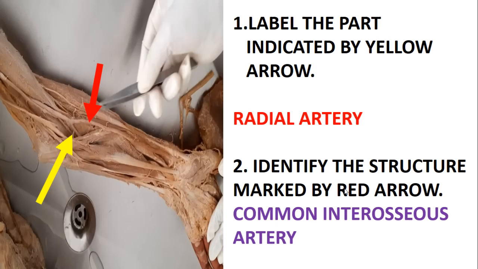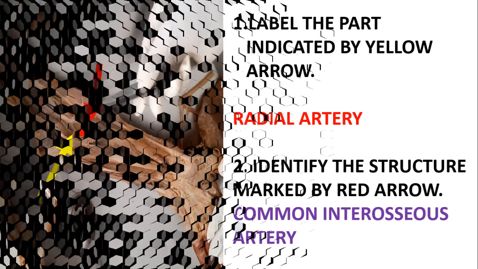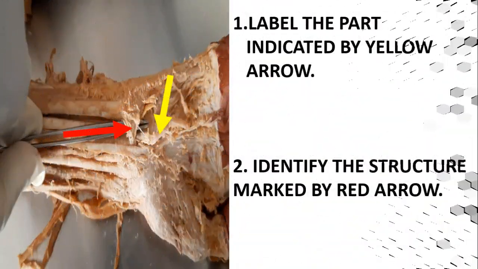Please take note that this one is supposed to be yellow, and this one is supposed to be red. So the red arrow is the radial artery, and the yellow arrow is the common interosseous artery. Let's quickly move on and look at the next part.